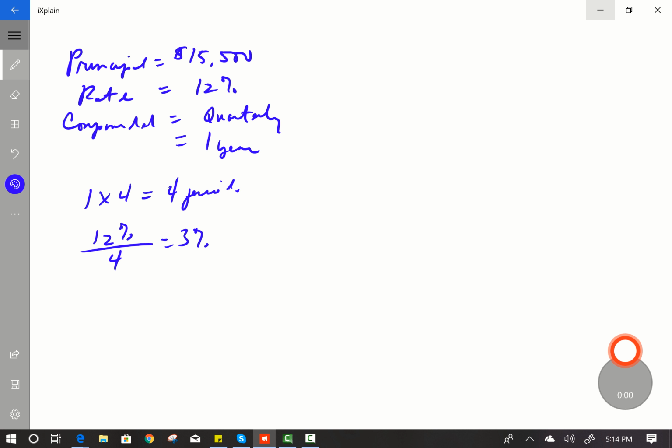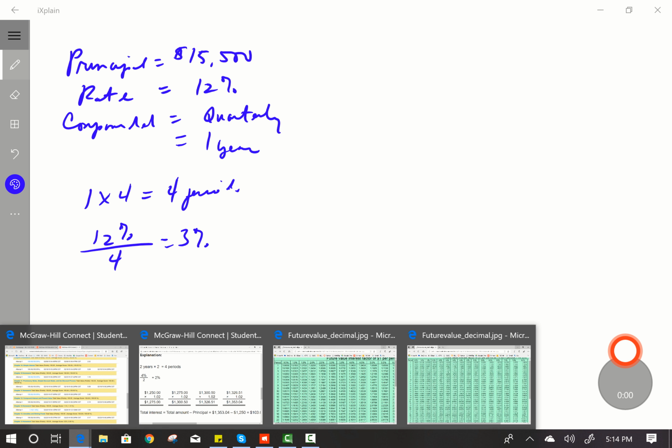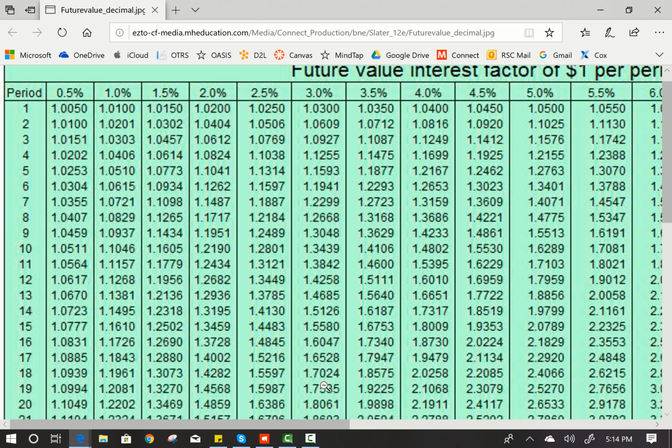Let's go ahead and look at that same future value table. I'll pull that one back up again. Okay, 4 periods and 3% is 1.1255.